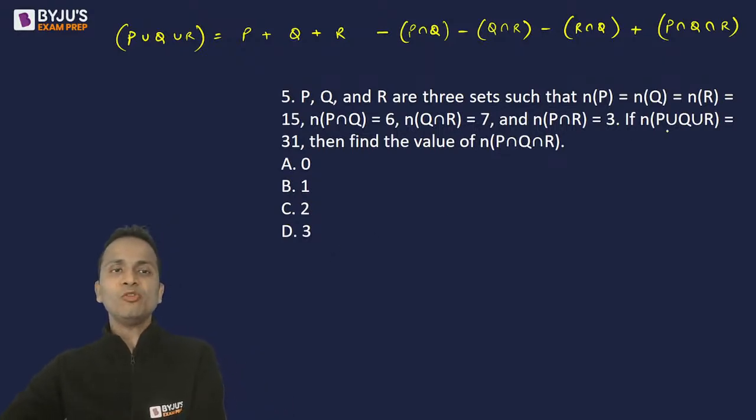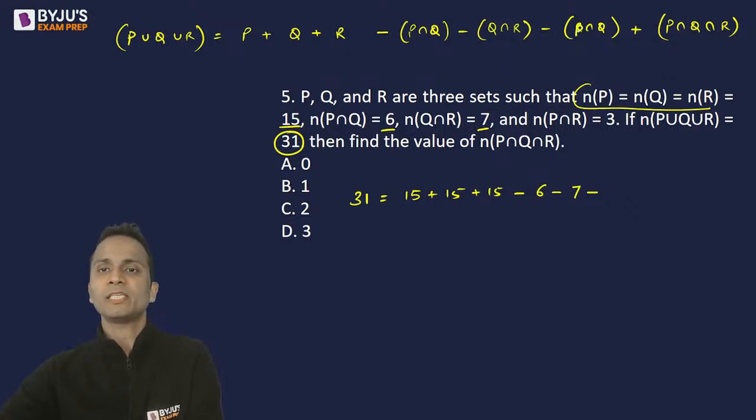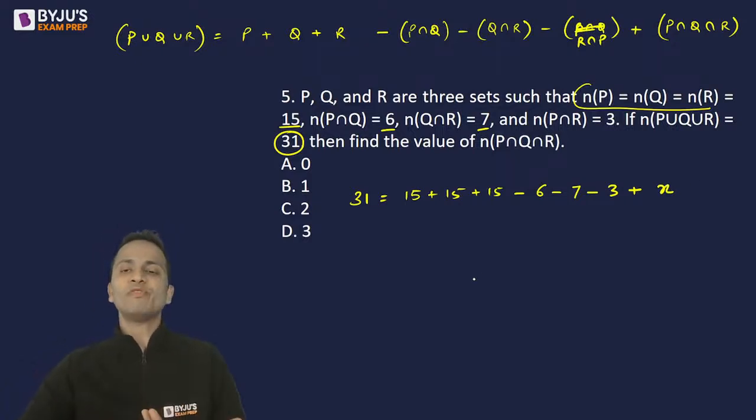Okay. So P union Q union R, the value is given as 31, is equal to P plus Q plus R. Each of the values is 15. So 15 plus 15 plus 15 minus P intersection Q, which is 6, minus Q intersection R, which is 7, minus P intersection R, which is 3, and then plus P intersection Q intersection R. Let's say it is equal to X, which is what we have to find out.